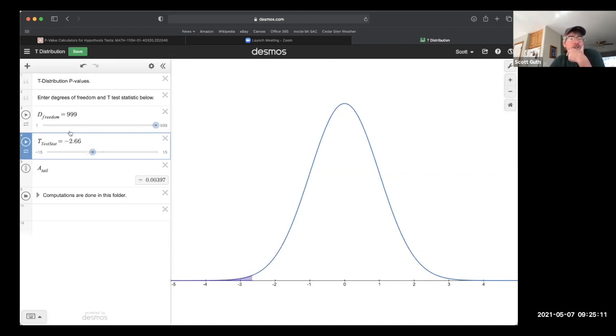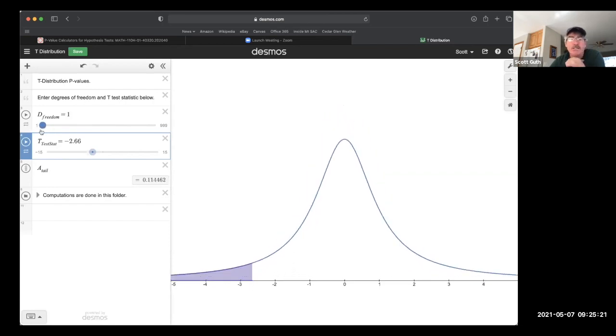It's kind of cool, I don't know if you noticed, there's a slider for degrees of freedom. You can see how when the degrees of freedom are small, the t distribution varies a lot, and you see how big the p-values would be with 1 degree of freedom. It's a really strange looking distribution.